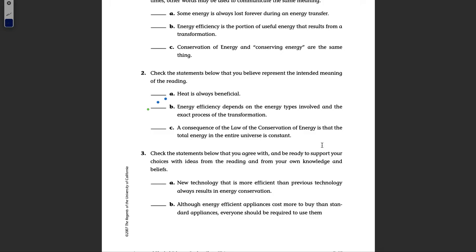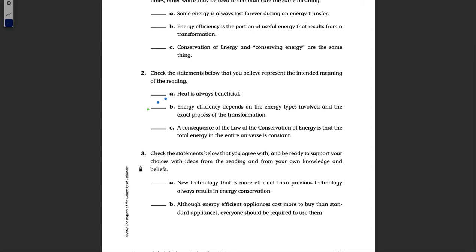Even if it's just potential, there's still energy there. So Statement C would be correct, because there's always at least potential energy there in any and every object. So you would check off on B and C for this one.